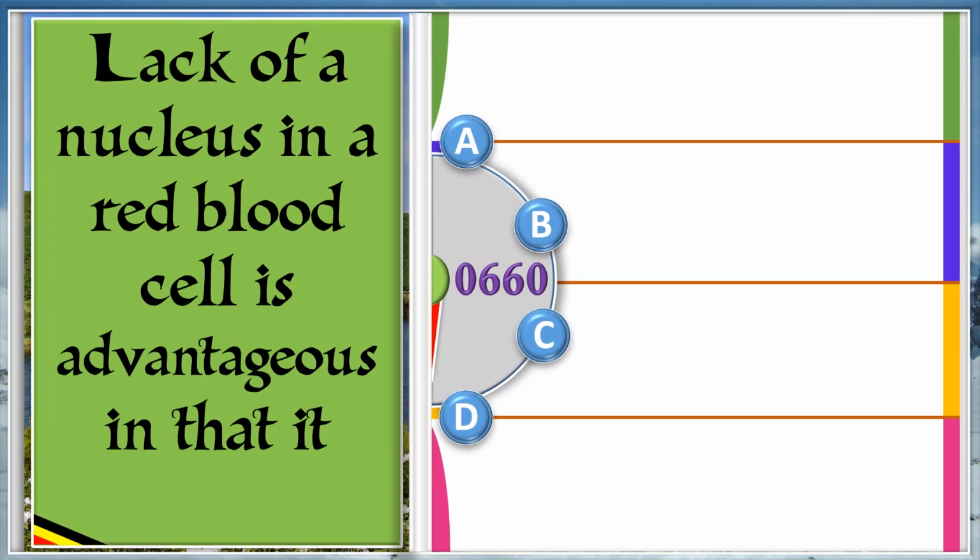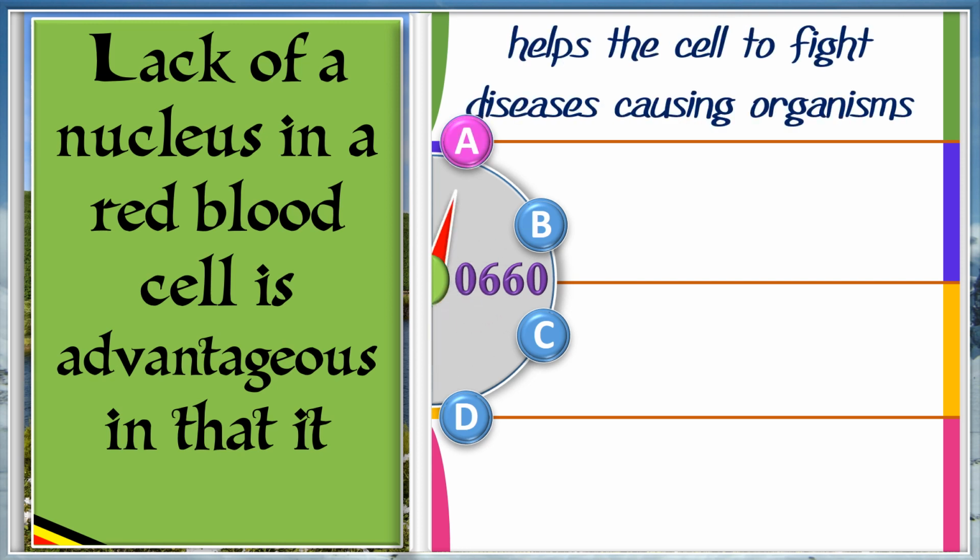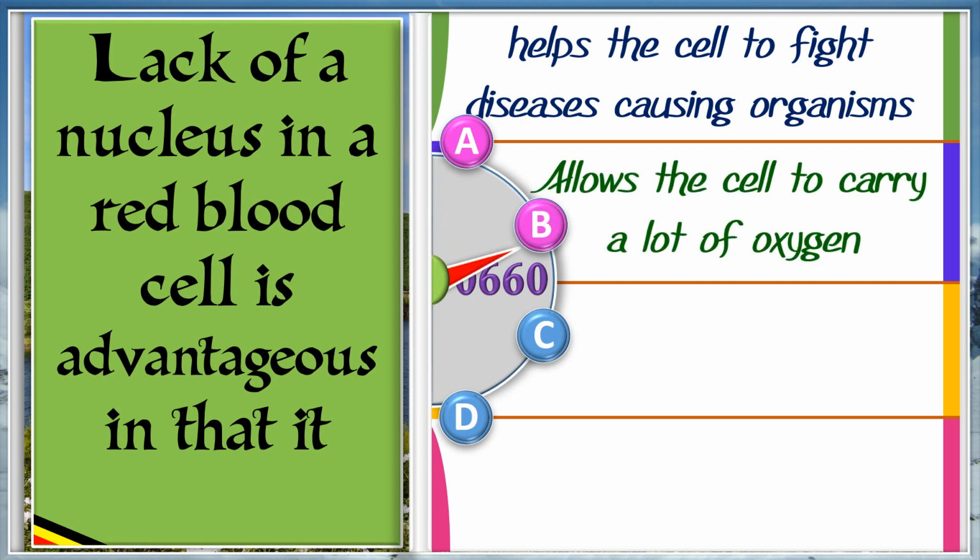Lack of the nucleus in the red blood cell is advantageous in that it A. Helps the cell to fight disease-causing organisms. B. Allows the cell to carry a lot of oxygen.